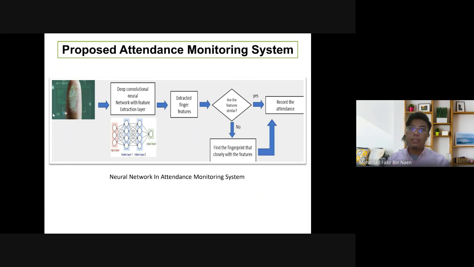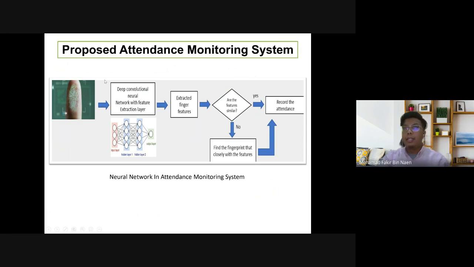For example, using the deep convolutional neural network with feature extraction layer, if the fingerprint detector cannot detect the finger that has been connected with CNN, it can find the data that closely matches the finger feature.